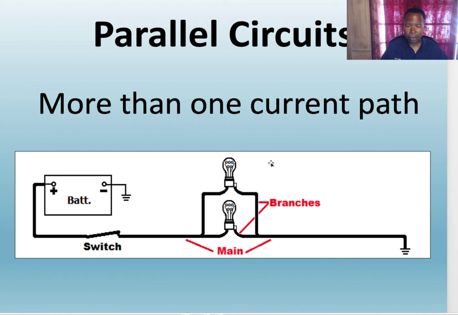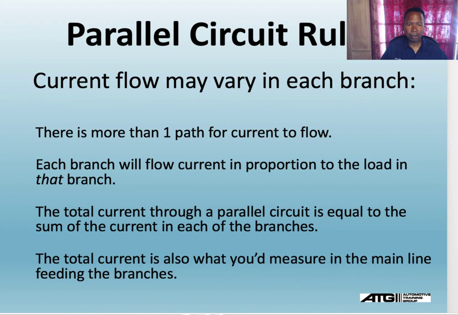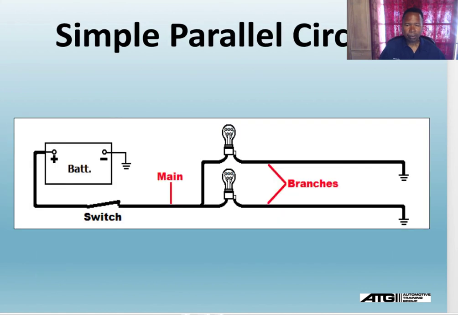So the total current on both legs, we'll see here and here. But going across each leg, going through this way and this way, the amps will split based off the resistance. Again, that's my main line, individual branches.